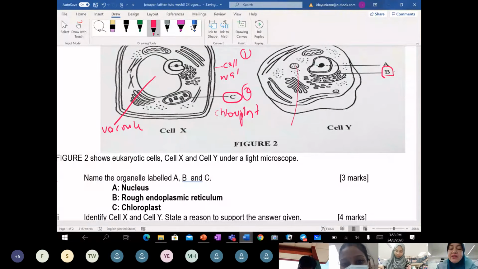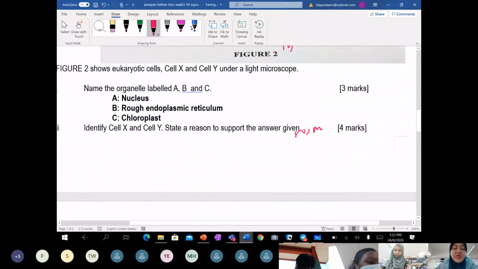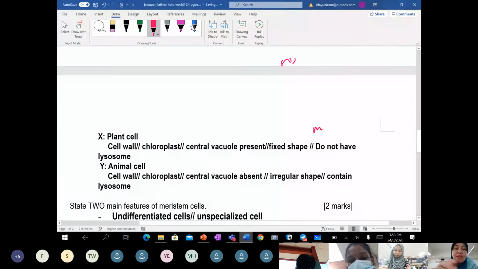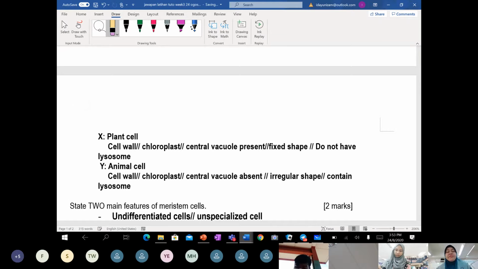In the animal cell, what can you say about this one, class? Lysosome. Okay, lysosome. So that is how you answer it. Plant cell is X. Why? X is a plant cell, like Elvina mentioned just now, because of the presence of what, class?